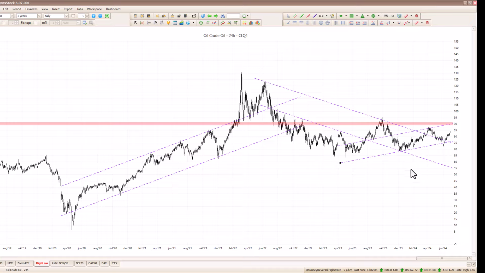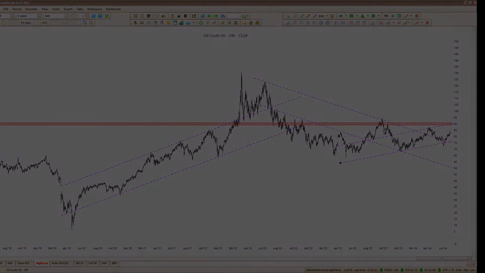So also short term, the target for crude oil, if it's moving upwards, is that the 90 level will give some resistance to the crude oil price. If it breaks through, that would be very, very nice. So that key level around 90 becomes very, very important.